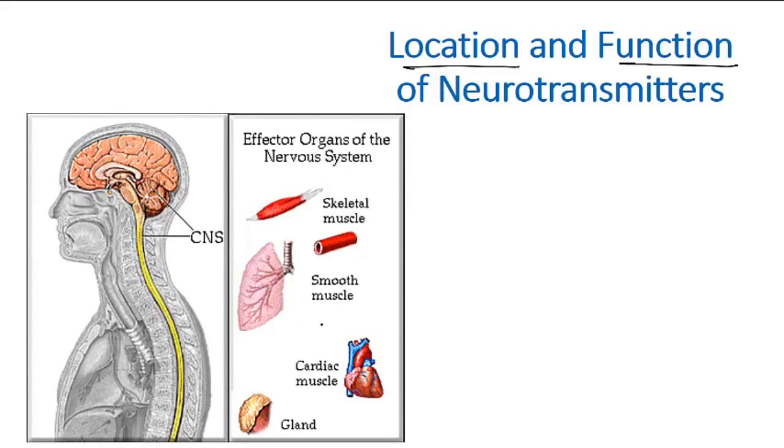Then we'll look into the central nervous system to learn the functions of these and other neurotransmitters working there. You see here the effector organs like skeletal muscle, smooth muscle, cardiac muscle and glands. All of these are regulated by acetylcholine and norepinephrine.